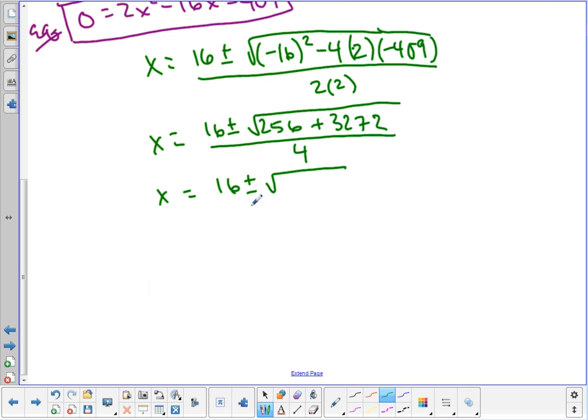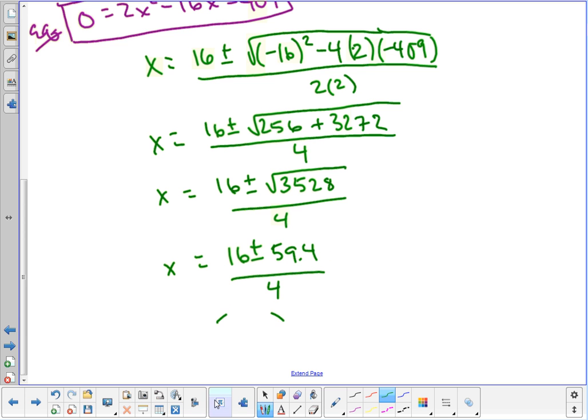So when you do this on your own, you know that you're doing it right. Add those together, I get 3,528 divided by 4. I need to take the radical next, so the square root of 3,528 is approximately 59.4 over 4. Then it splits.